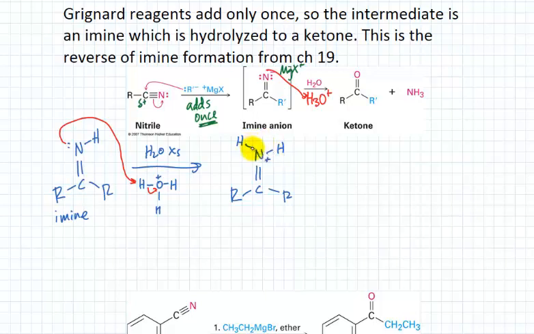Can't really do much there, but what that does is activate that carbon for attack by some other kind of nucleophile. What kind of nucleophile are we going to need here? Well, we're going to need a new carbon-oxygen bond at some point. What do we have that would be able to give us a carbon-oxygen bond? We've got plenty of water.